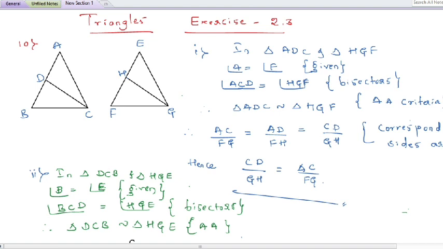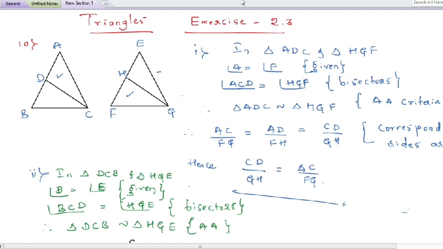The first one, here I have drawn the diagram, triangle ABC and triangle EFG. Consider the triangles ADC and HGF.